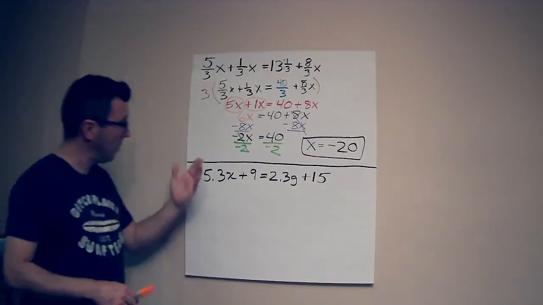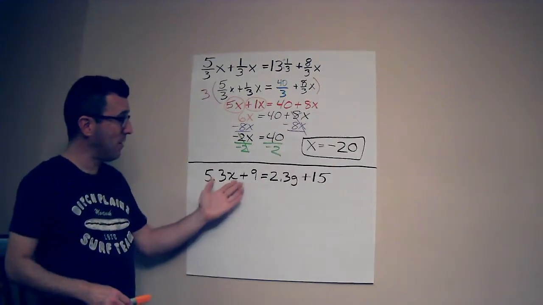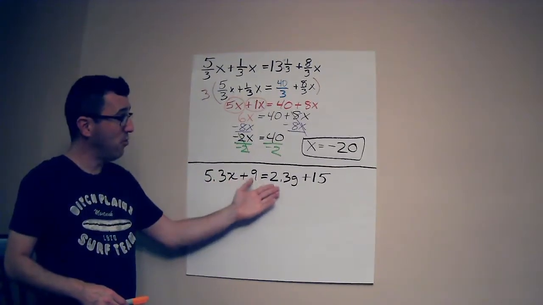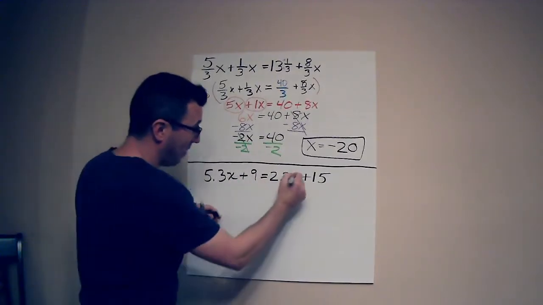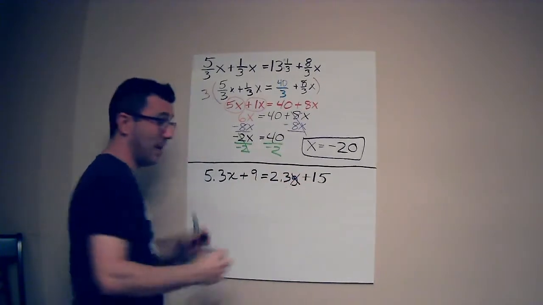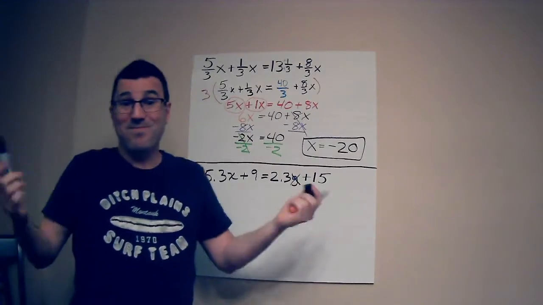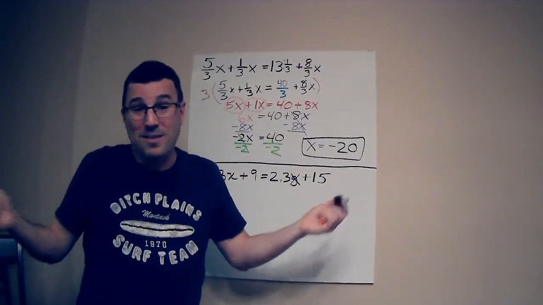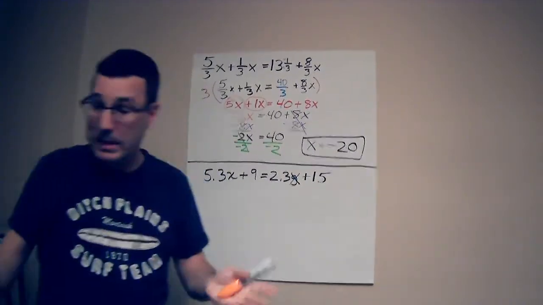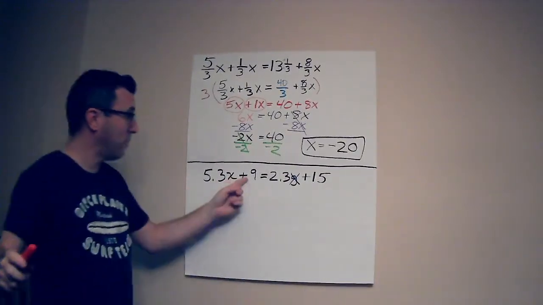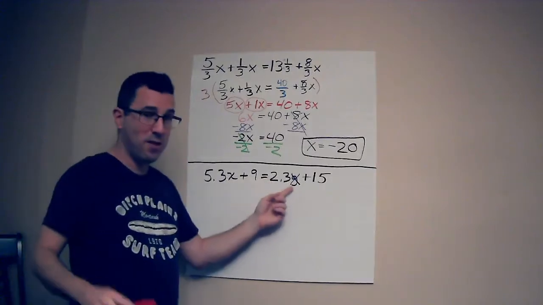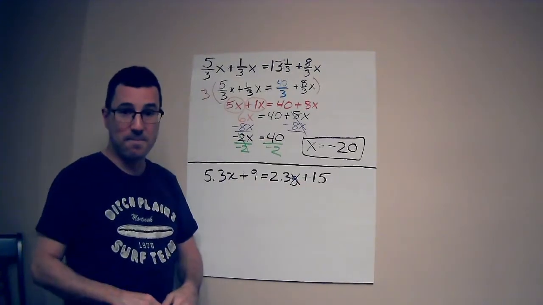Okay? So again, 5.3x plus 9 equals 2.3, oh I put a g, I meant to put an x. That's an x. If it's two different variables, I can't solve it, I'm done. But that's not what I meant to do this time. Okay? So 5.3x plus 9 equals 2.3x plus 15.